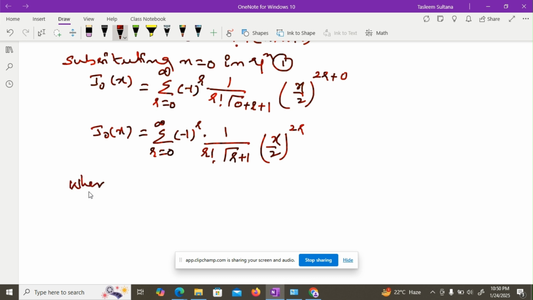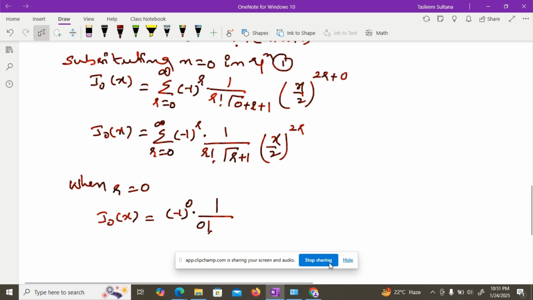Now we have to open this series summation. We substitute r is equal to 0, 1, 2, 3, 4, 5, 6 and so on till infinity, but till infinity we cannot substitute, so we will substitute 3 to 4 values.